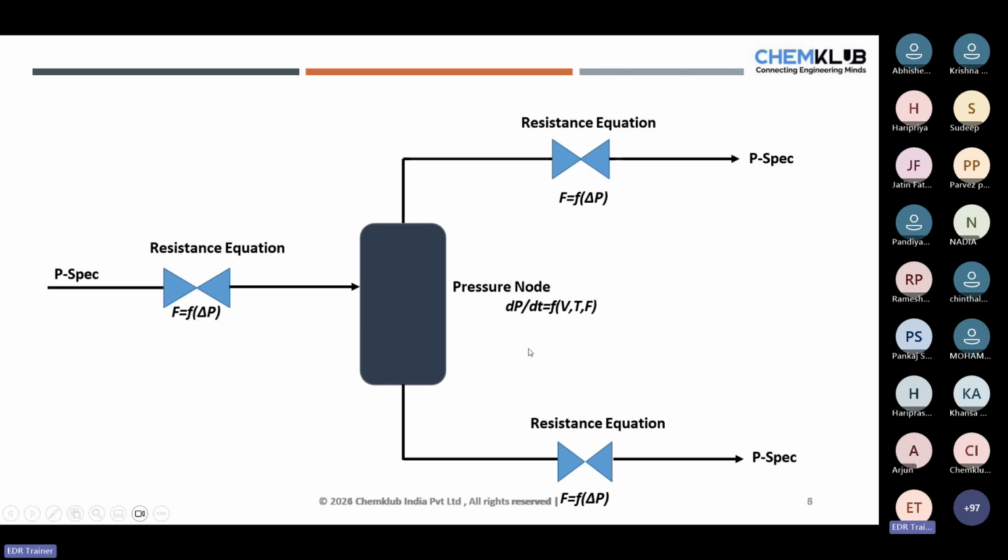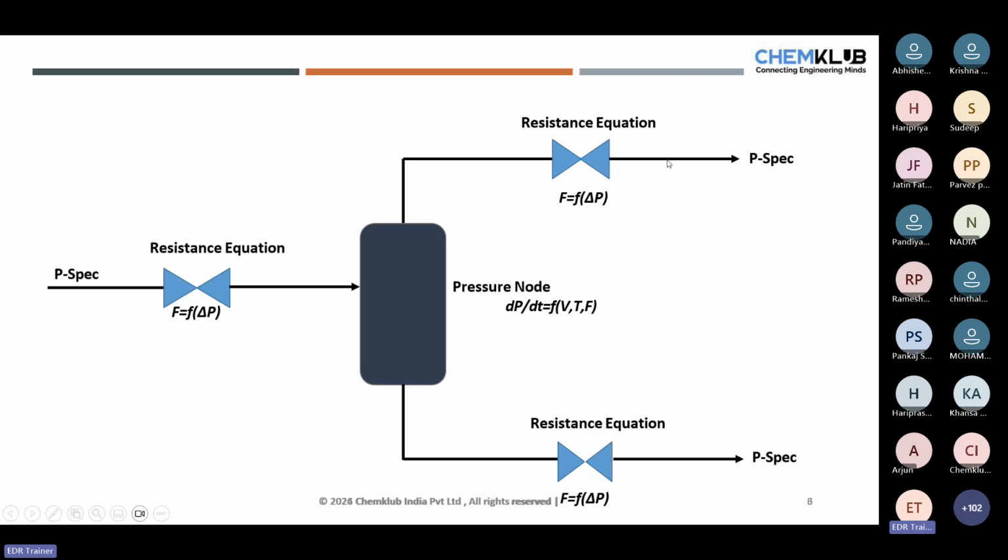So this is a very simple example which tells you all the features which we have discussed earlier. Just to give an example, say the outlet valve: if we close this valve, what will happen?